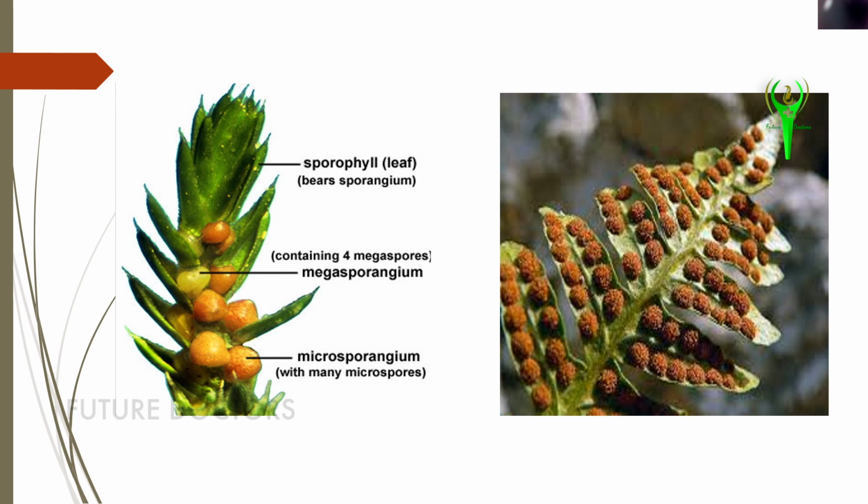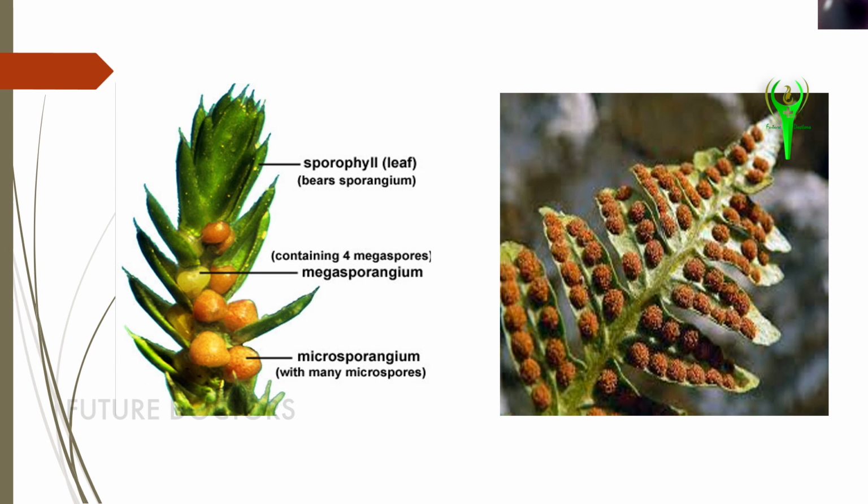The sporangia produce spores by meiosis in spore mother cells, and the spores germinate to give rise to small but multicellular, free-living, mostly photosynthetic thalloid gametophyte called prothallus. In the majority of pteridophytes, all the spores are of similar kind; such plants are called homosporous.